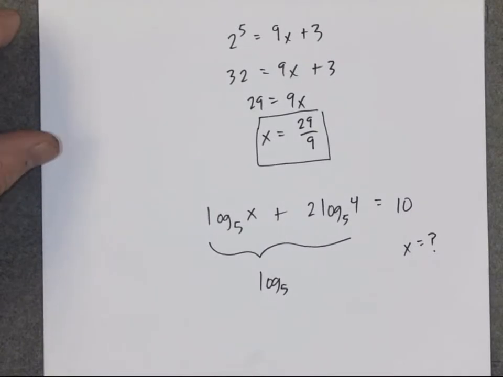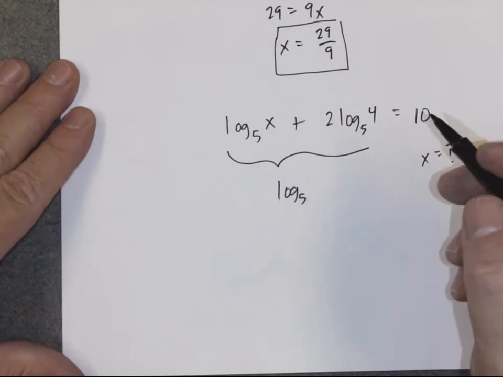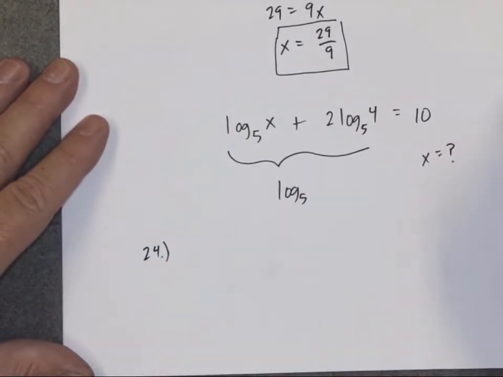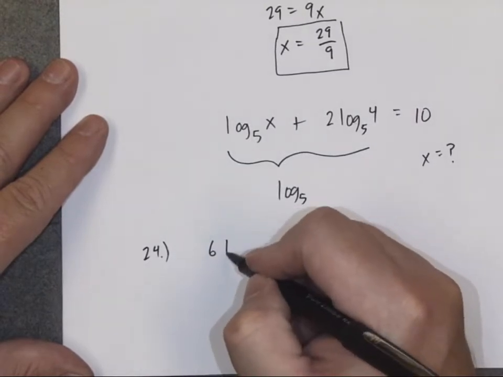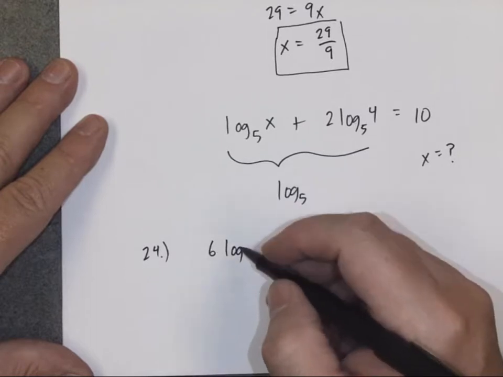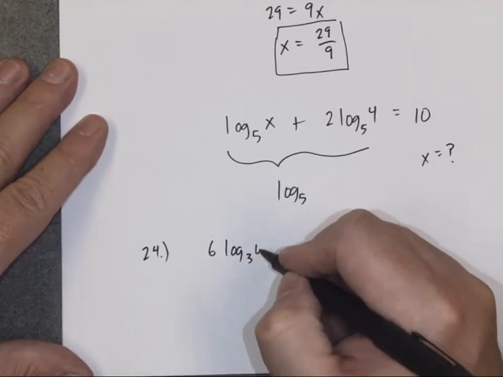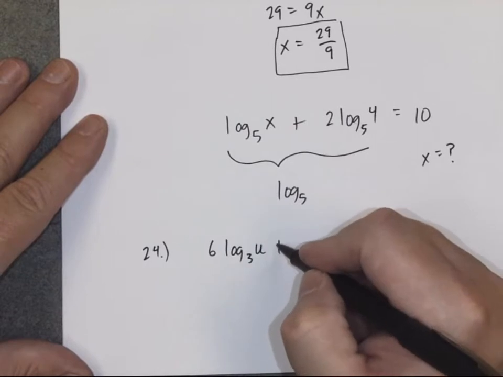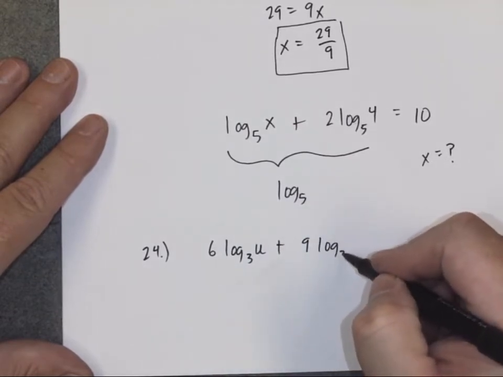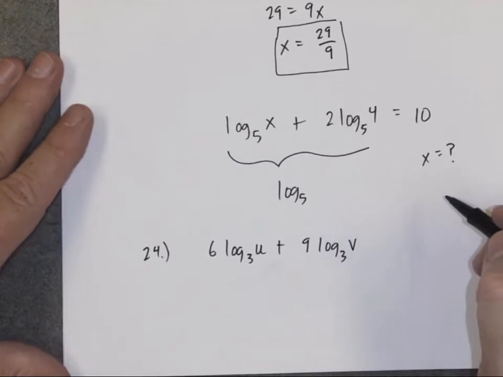So let's talk about how to do that. Because as a matter of fact, problem 24 is simply a problem about combining log terms. Let me just write the problem, and then we're going to talk about how to solve this, and we'll come back and actually do this problem after we give a little explanation. 6 times log base 3 of u plus 9 times log base 3 of v.